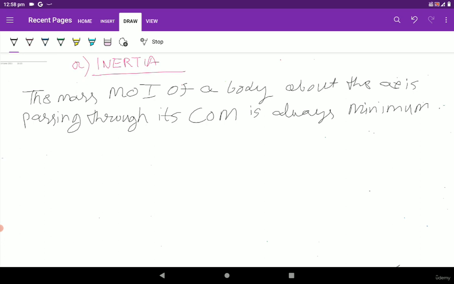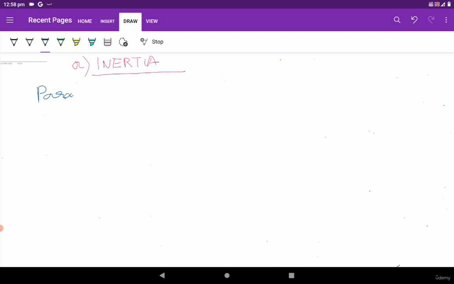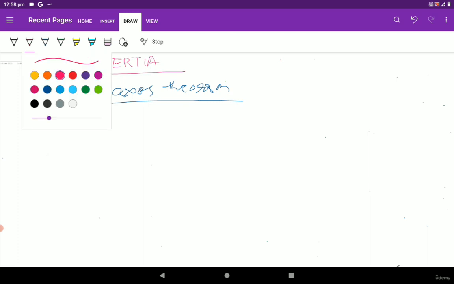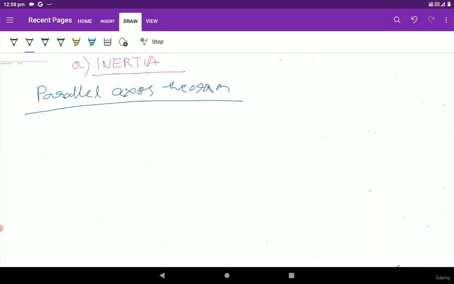Suppose there is any body here, and there is one axis which is passing through its center of mass.